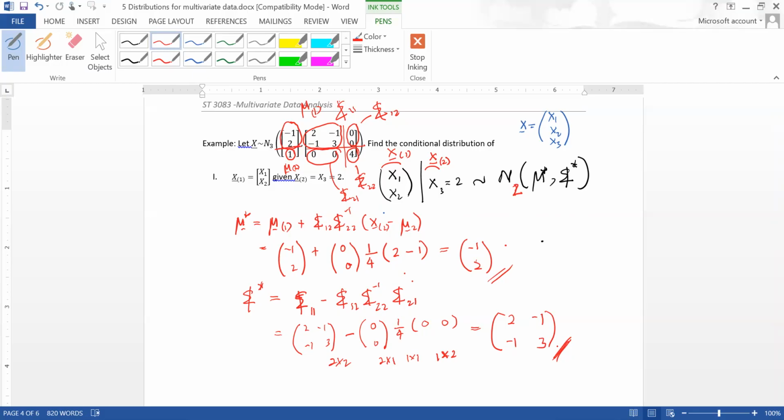And you can see now the conditional distribution of x1, x2 given x3 is the same as the distribution of x1, x2, right? Because the mean is this part, the variance-covariance is this part. Why did that happen?